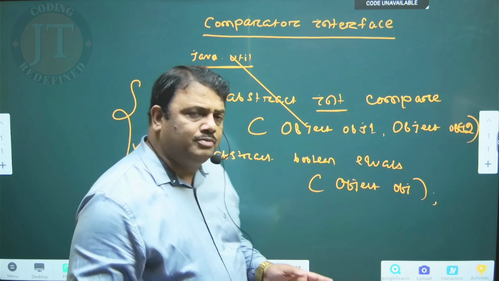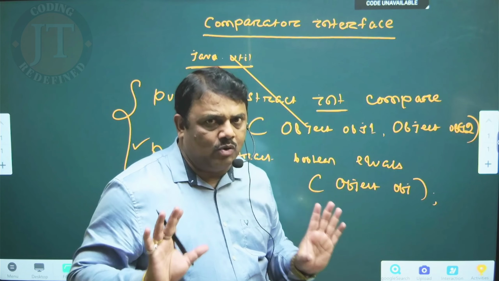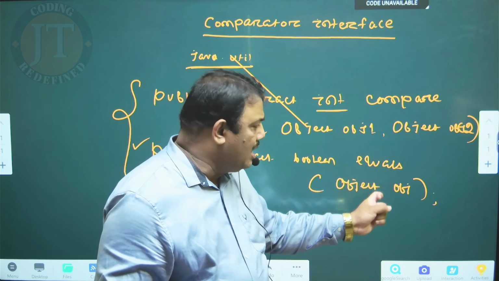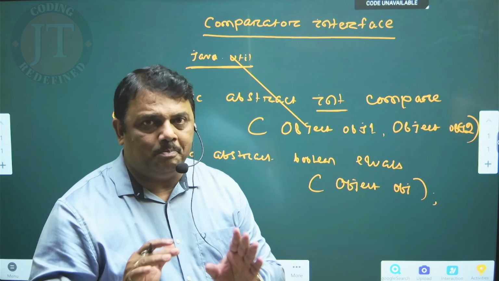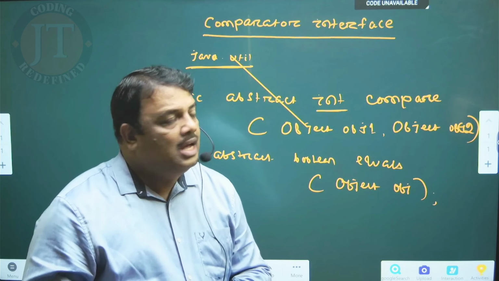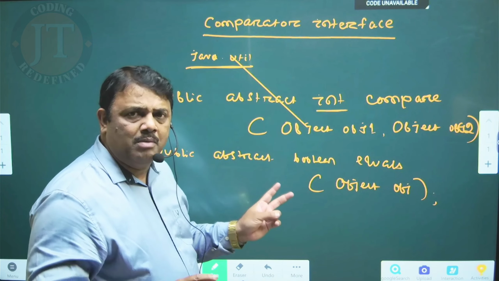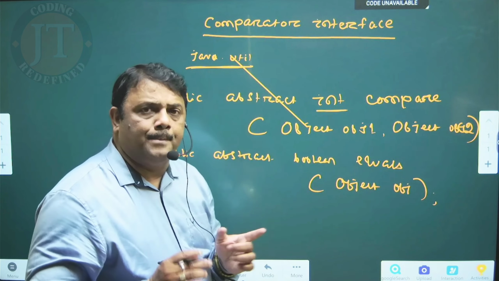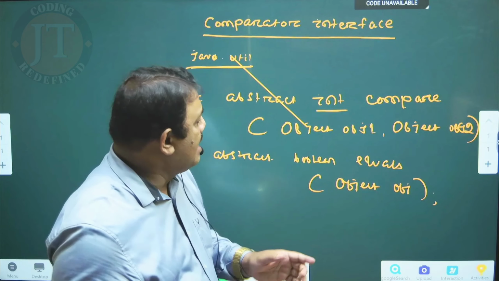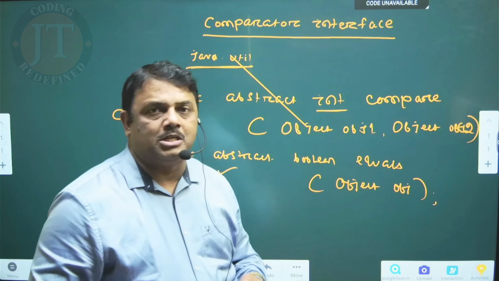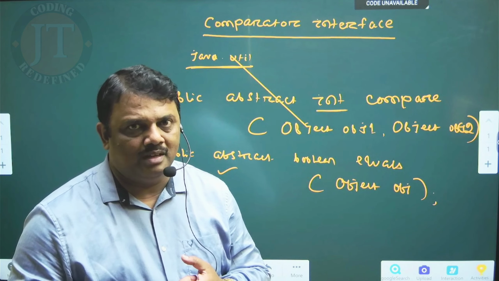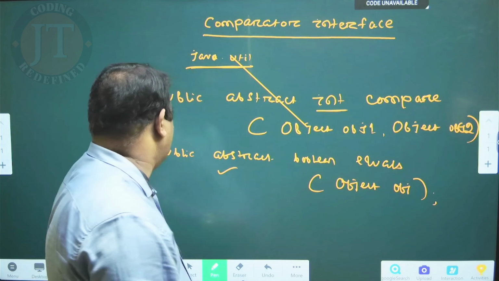So when the Object class already has equals, you may override the equals method or may not, because it is already available in the Object class. When my class inherits from the comparator interface, I may override the second method or may not, but I am bound to override the first method.